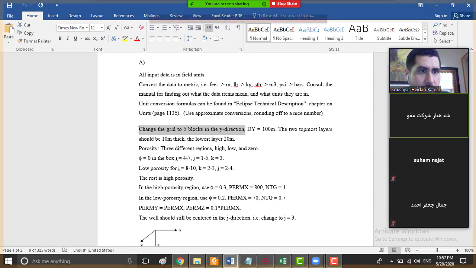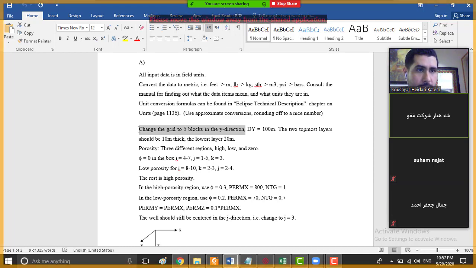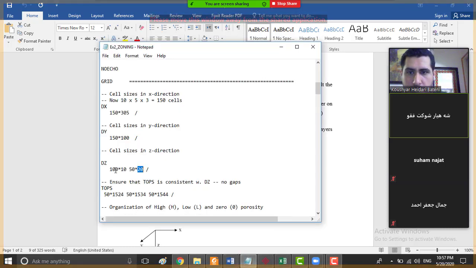Now we changed the dimensions so that we have 5 cells in the y direction. So what is the overall number of cells? 5 multiplied by 3 multiplied by 10. Yes, 150.